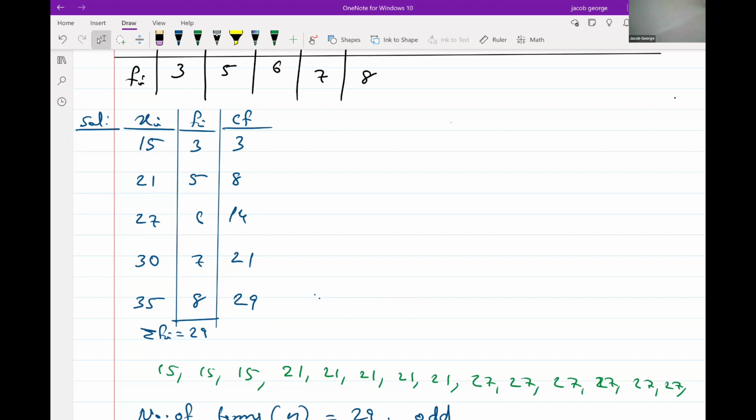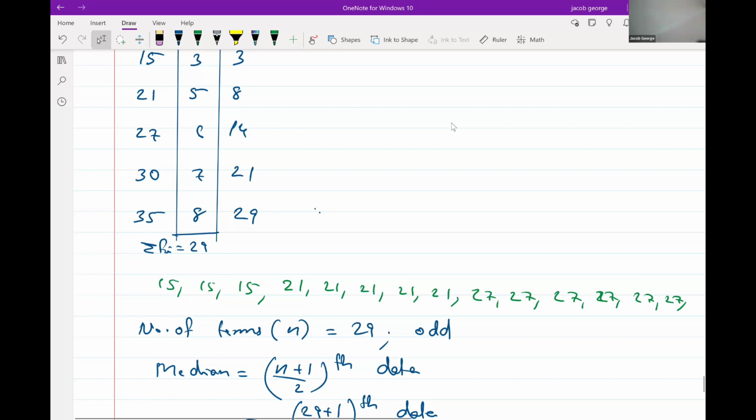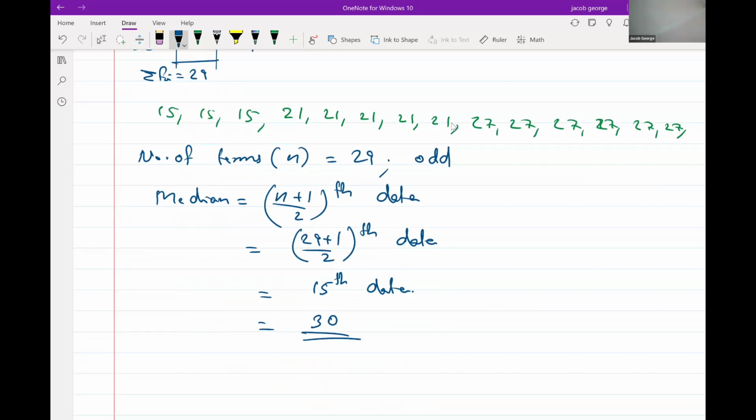Now, after 8, 9th term to 14th term is 27. 15th term to 21st term is 30. So, what is the 15th term? 30. Is it clear? 15th term is 30.